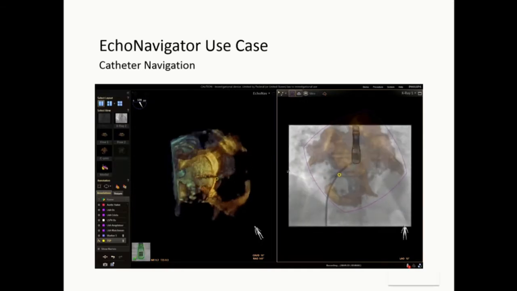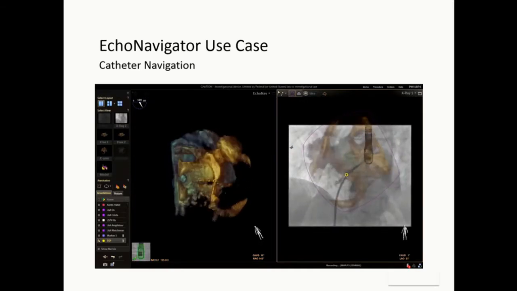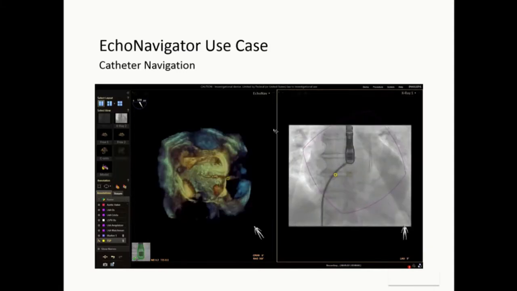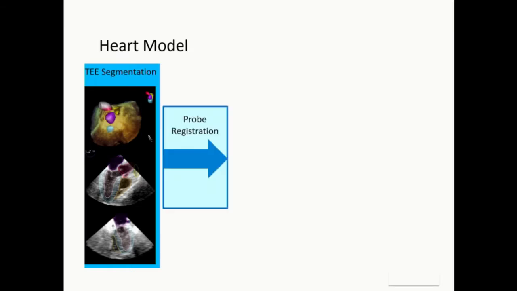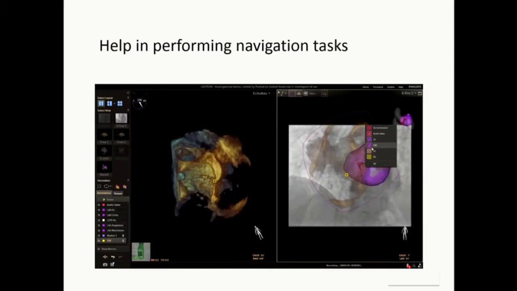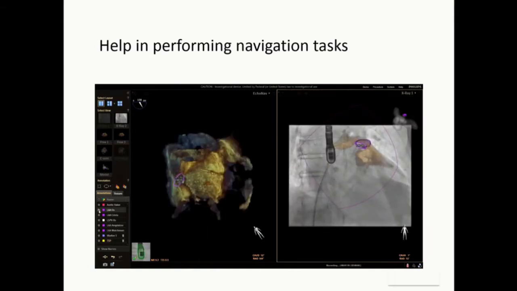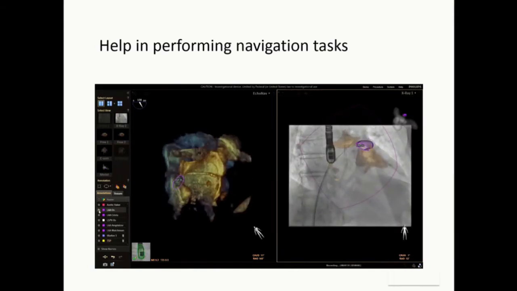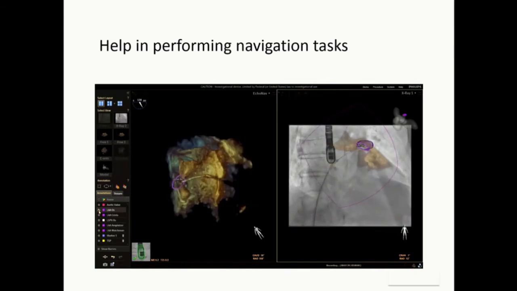And this just shows how you can phase in, phase out the overlay of 3D TEE on fluoro. And the next generation is looking at taking the echo image, doing the automatic segmentation after you register the probe. Then you overlay the chambers derived from echo on top of the live fluoro. And that includes being able to do that with the left atrial appendage and identifying automatically the os and the body, overlaying it.